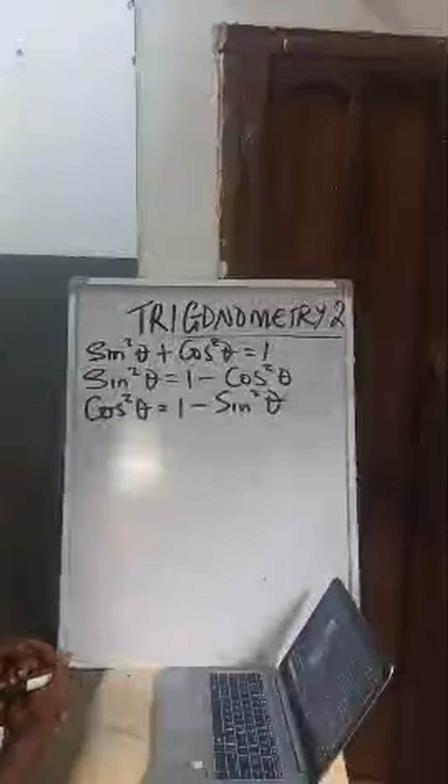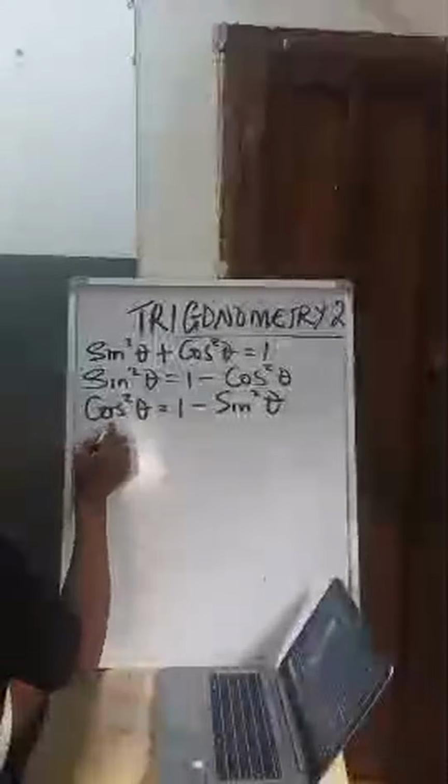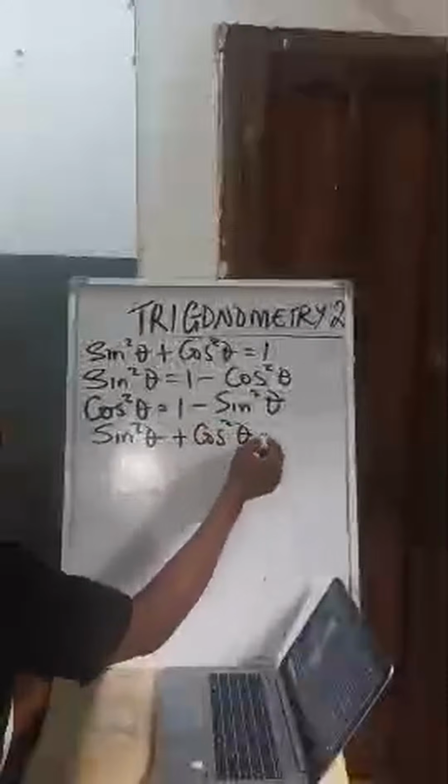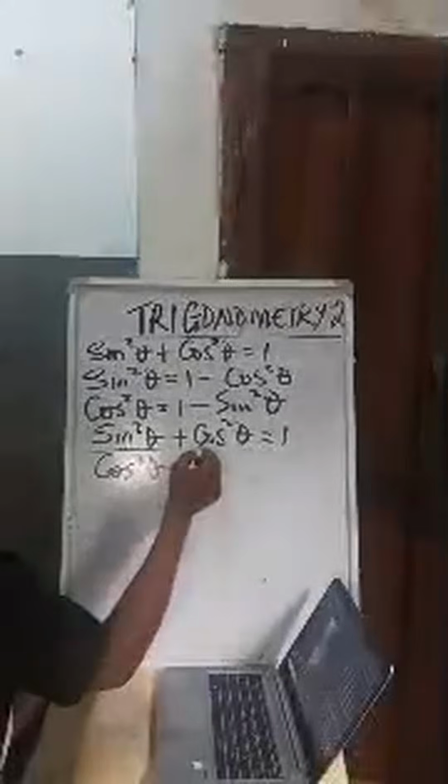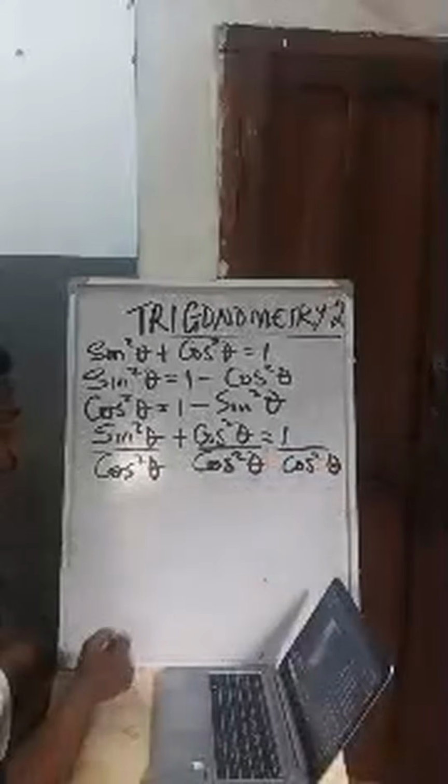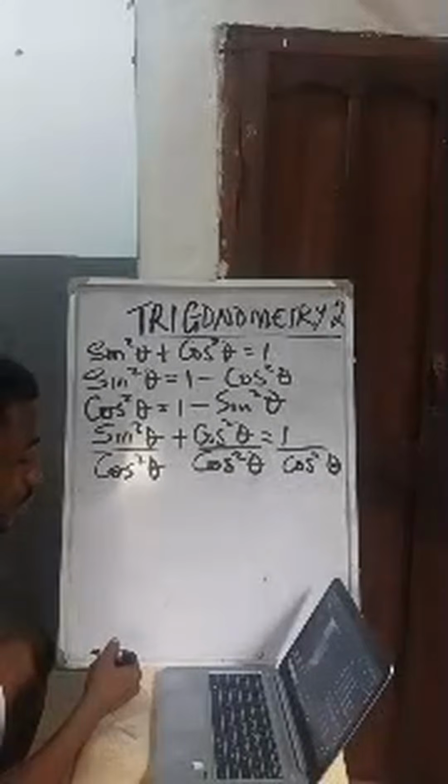Okay, so you find out that from here, we can divide both sides. Divide everything by cos squared theta. So that when you do, you will notice that this will cancel out this.